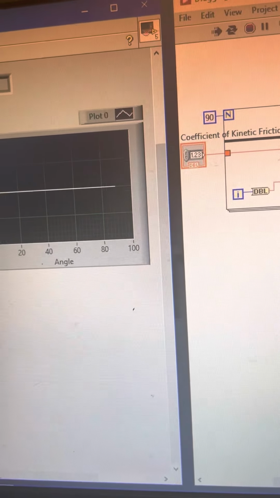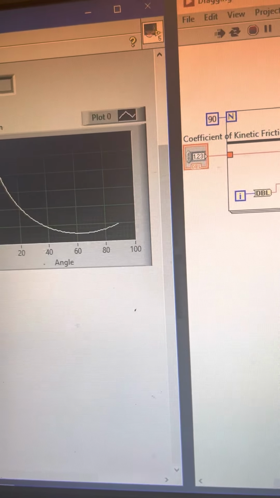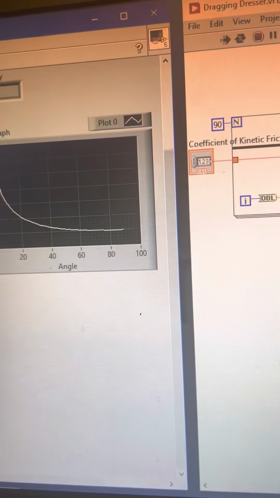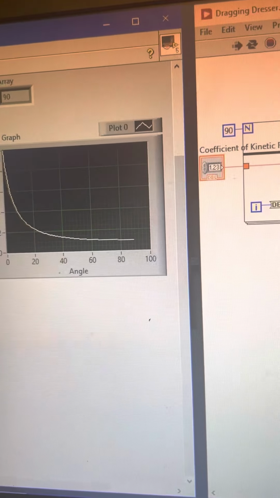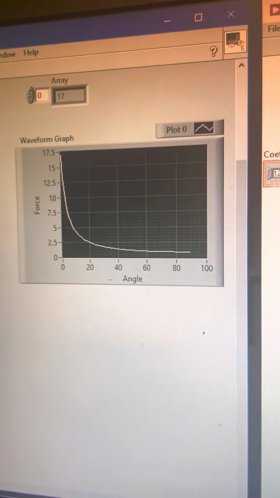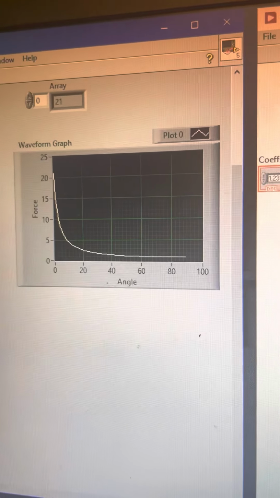Because when we first graph it, when we increase the friction, when it's 0, it takes a lot more force to push it.